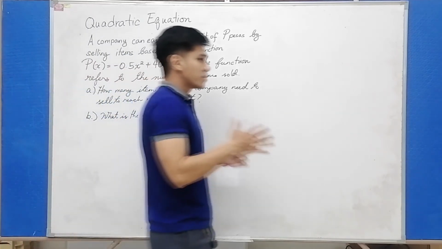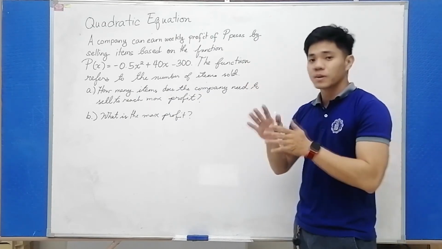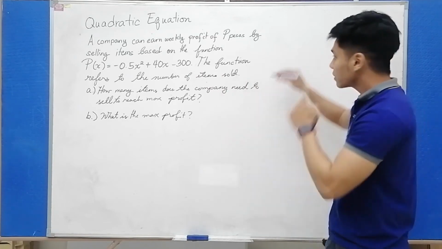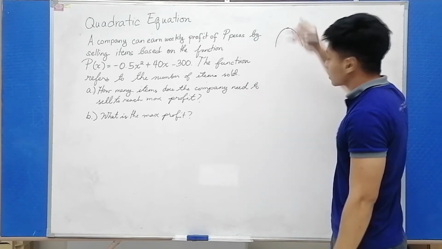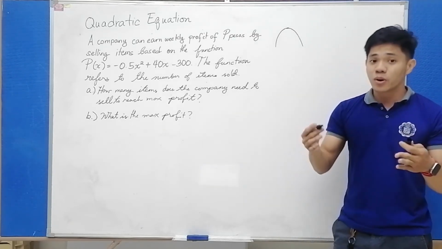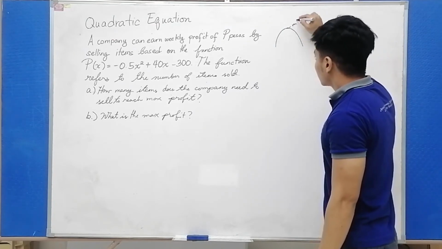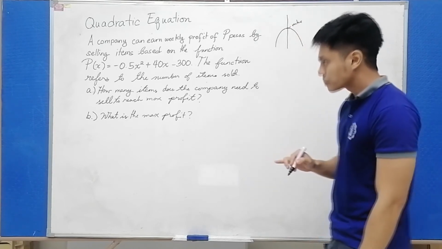Okay, so first off, if we imagine the graph of the function, the a is negative, so negative a will give us a function that looks like this. We're looking for the maximum point. What is the maximum point of that function? The maximum point of that function is the vertex, right? So how do we solve for the vertex?